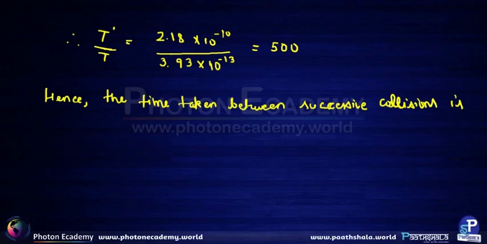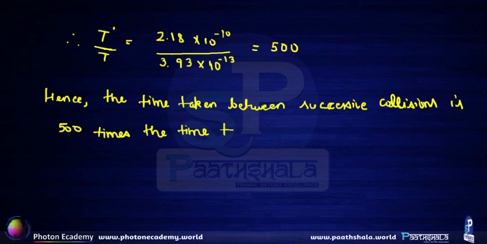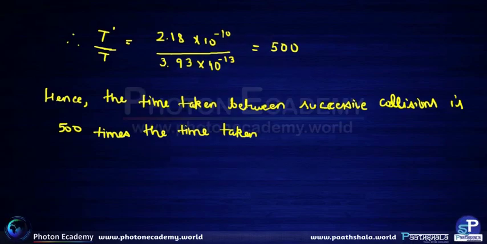So T dash by T is 500, so T dash is 500 times the time taken for a collision. So that's the solution of this problem.